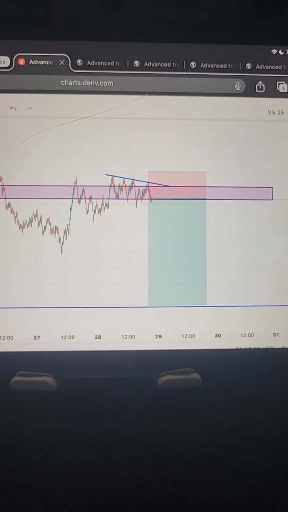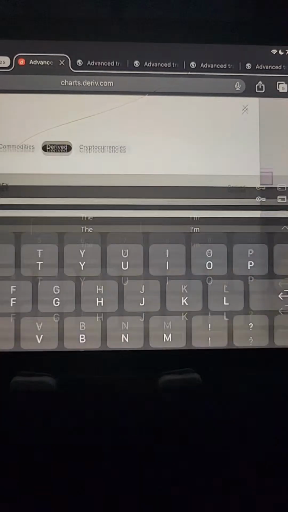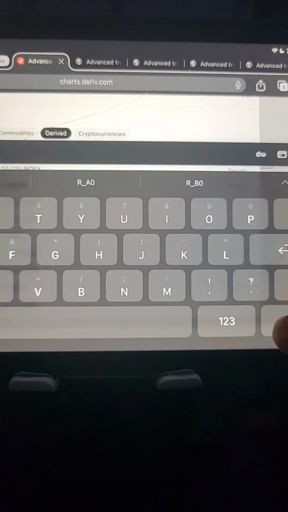So this is volatility 50. Let me go back to volatility 75, where I have my active trade on. Let's see what's going on right there.